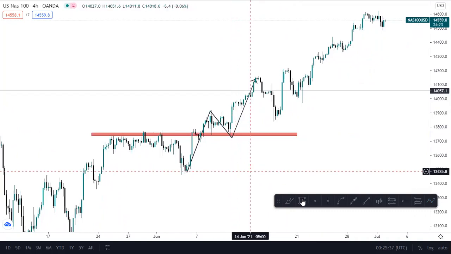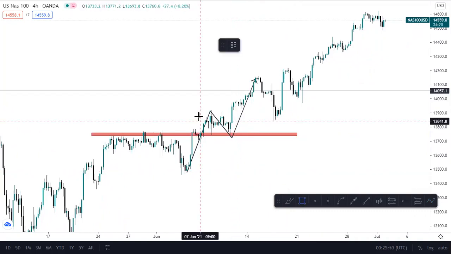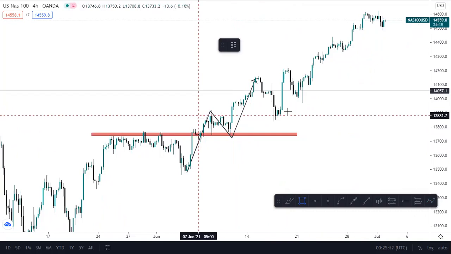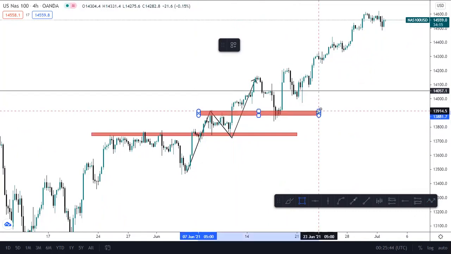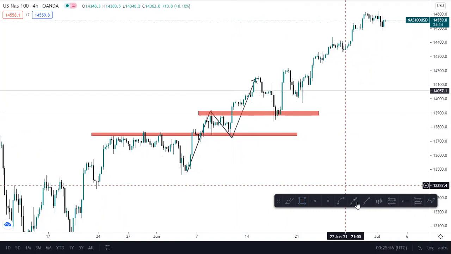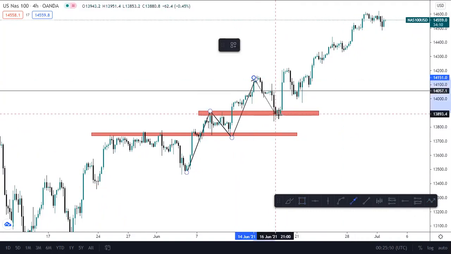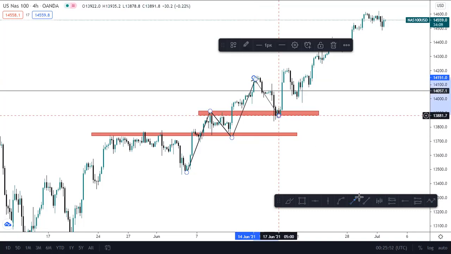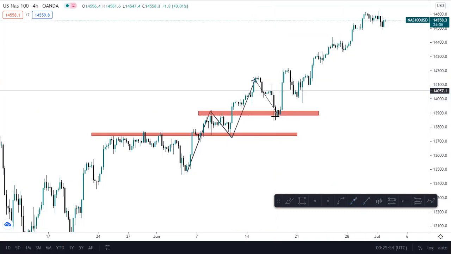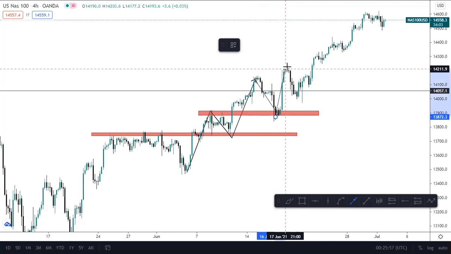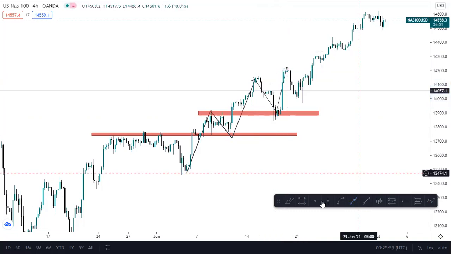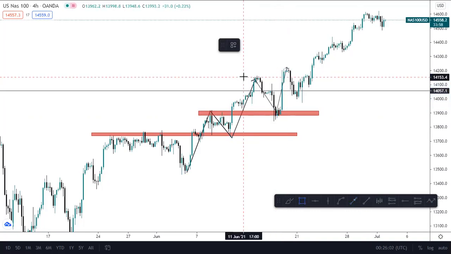And if you can see another break and retest here, the retest came down again, and look what happened. It went up, and it did the same thing with this previous resistance here.